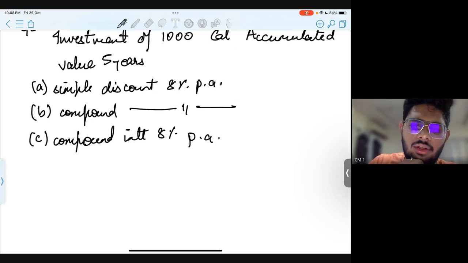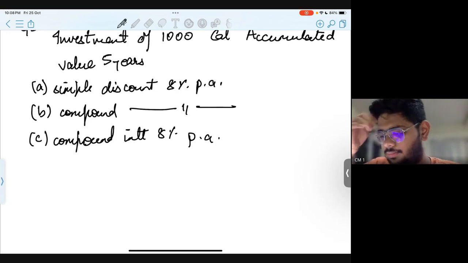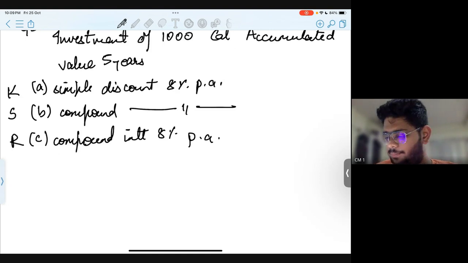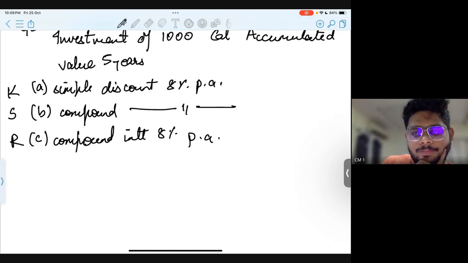There is some background noise in your chat, so you can write the answer in the text box. Okay? Shashank, Khushi, Rashi. Okay?